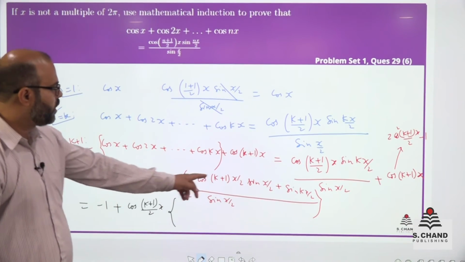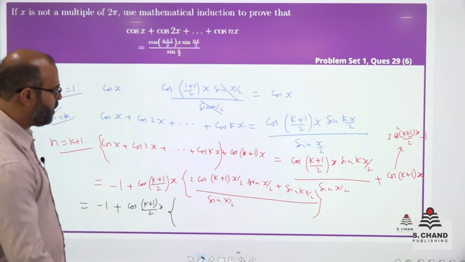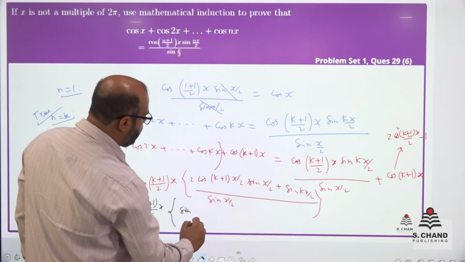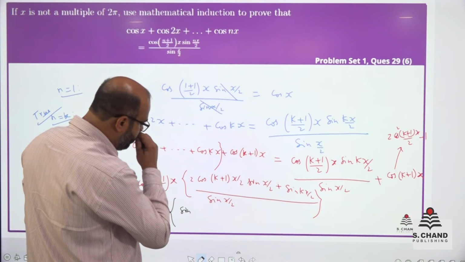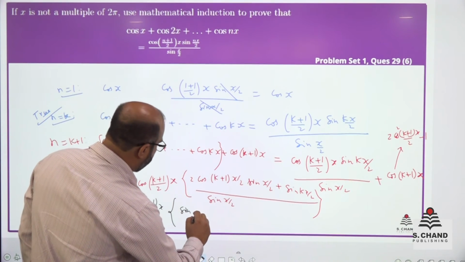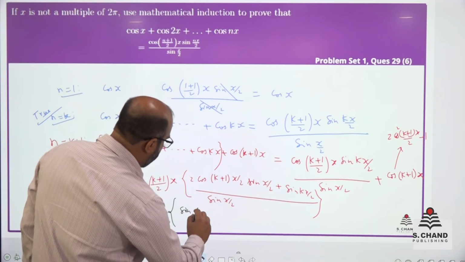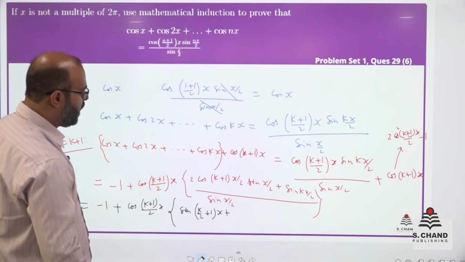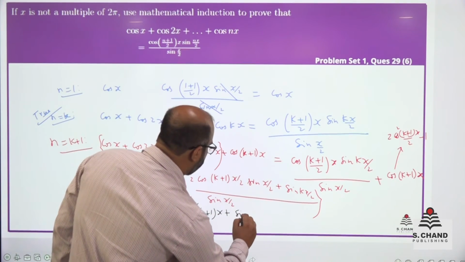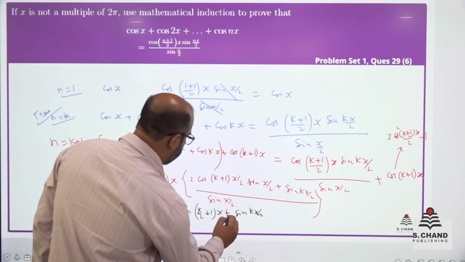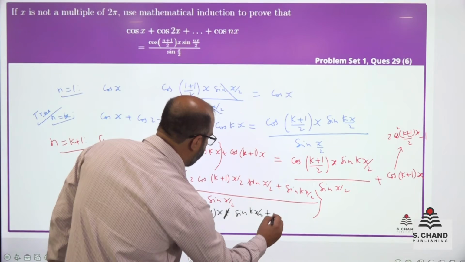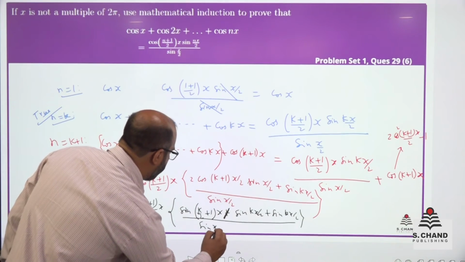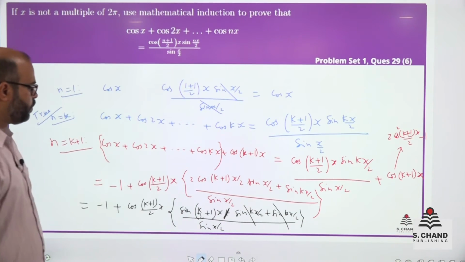Now, there is a formula of 2 sin a cos b, which is sin(a+b) plus sin(a−b). So sin(a+b) will become sin((k+1)/2 x + x/2), that will become sin((k/2 + 1)x), plus sin(a−b) will become sin(kx/2) with a minus sign. So this will be minus plus sin(kx/2) here upon sin(x/2), and these two will get cancelled.